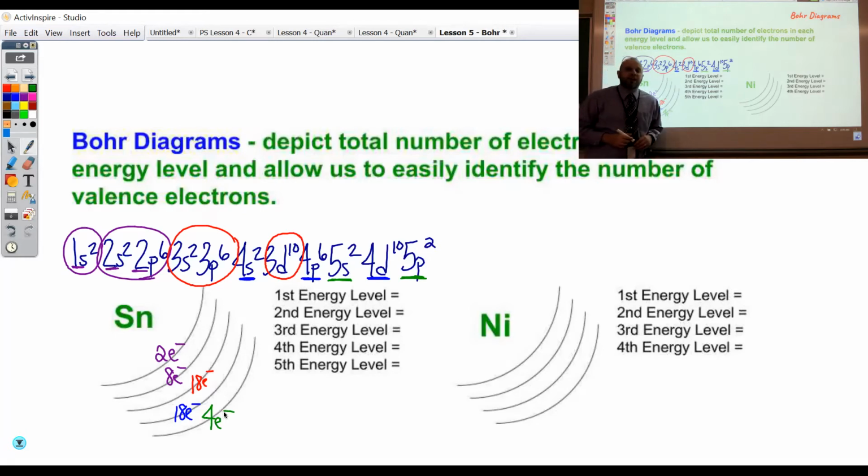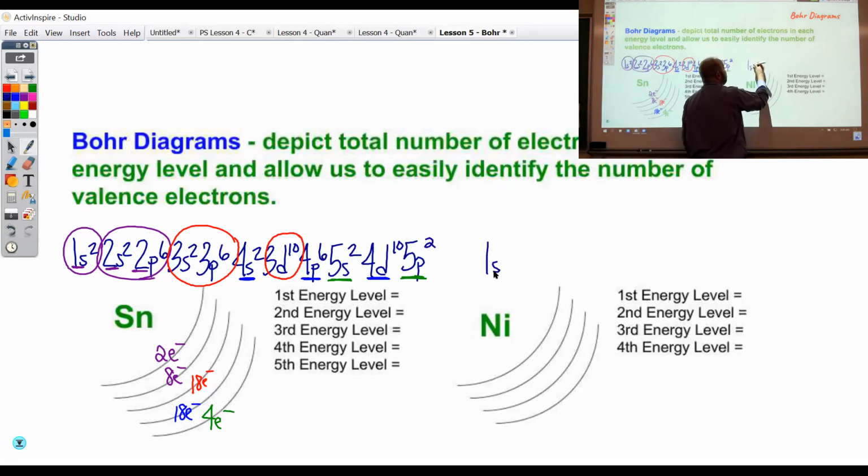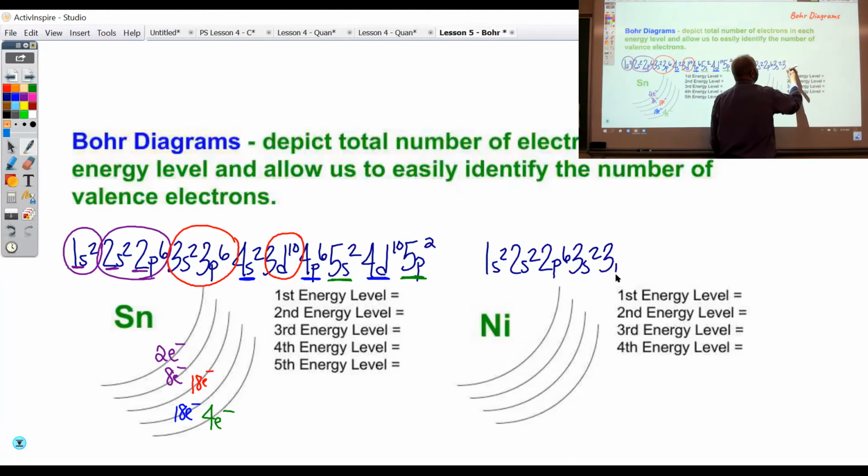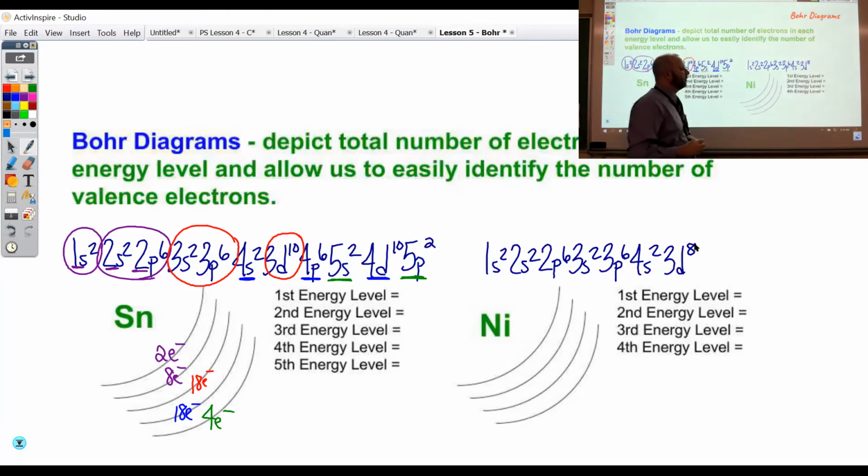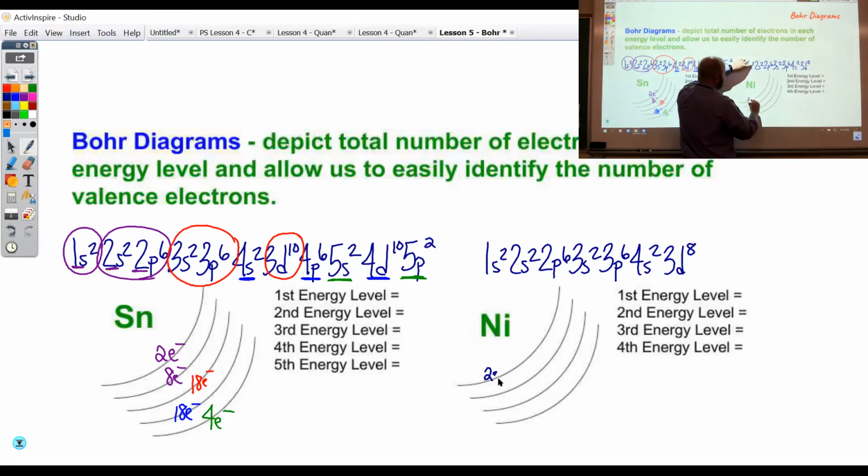Let's take a look at our second example. In our second example, we have nickel. Nickel is in the 3d sublevel. So we have 1s2, 2s2, 2p6, 3s2, 3p6, 4s2, 3d8. Following a similar pattern, in the first energy level, we have 2 electrons.